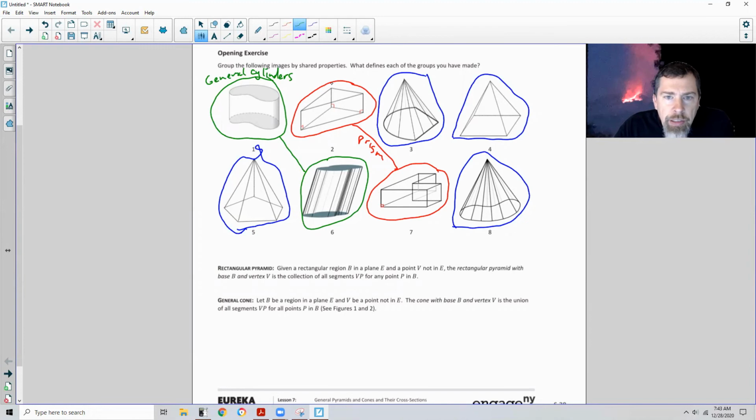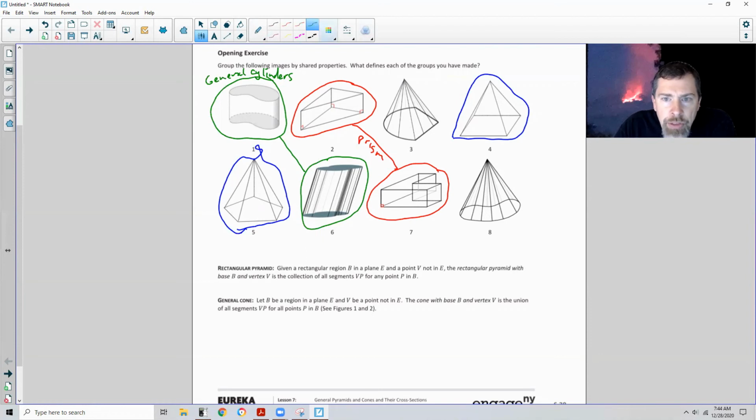All right, so then we look at, let's see, figure 4 has a square base, and 5 has a base that is a pentagon. Okay, but 3 and 8 again have odd shapes like 1 and 6 did, but these come to a point, and so do these.